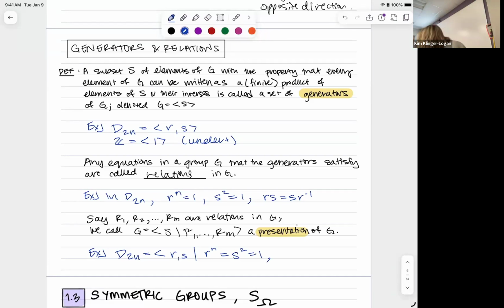And then last but not least, you want to know what happens if I try to swap R and S. Well, it isn't exactly commutative, or it isn't exactly abelian. It applies the inverse to R. So you'll sometimes see these group presentations, again, generators and relations that they're going to satisfy.